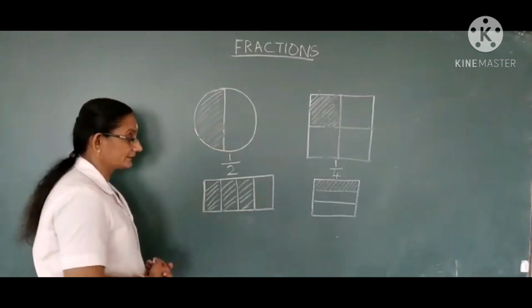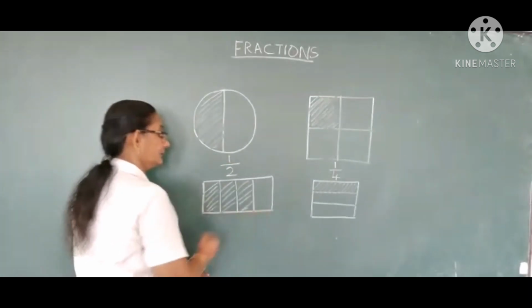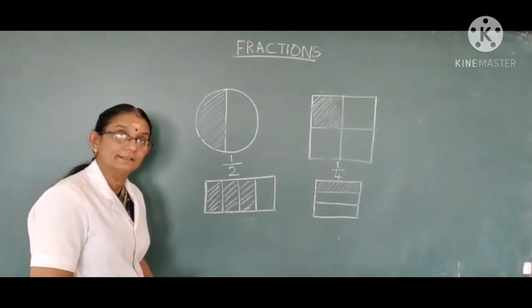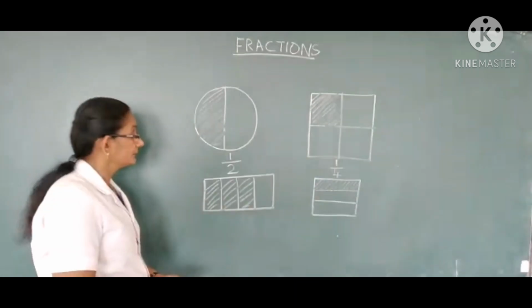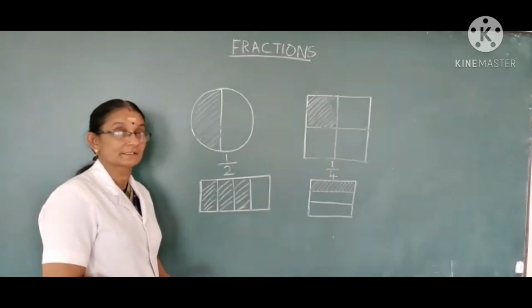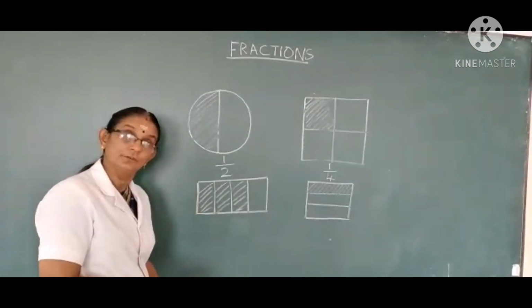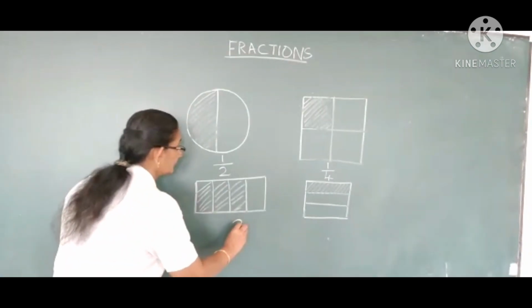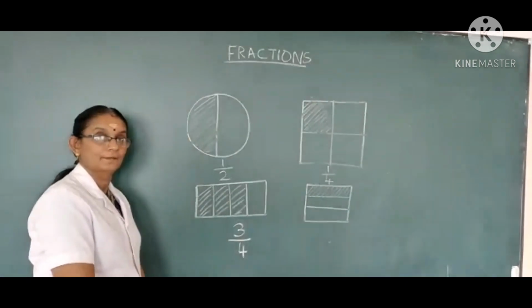Now let us see the next picture here. Here the rectangle is divided into 4 equal parts, and out of that 3 parts are shaded. So how do we represent the fraction here? Yes, 3 parts out of 4 parts, and so you write the fraction as 3 by 4.